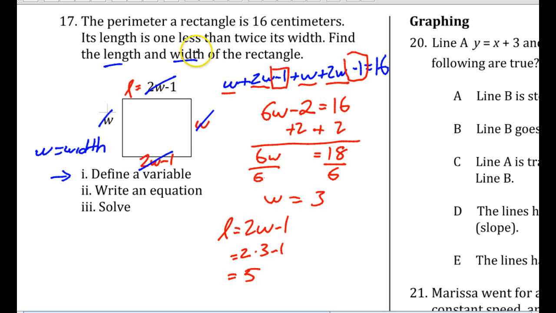Do we get 16 if we walk all the way around? Okay, so the lengths will be 5 and 5, and the widths would be 3 and 3. So yeah, 5 plus 3 is 8, plus 5 more, 13, plus 3 more is 16. So yeah, it does add up to the correct perimeter.